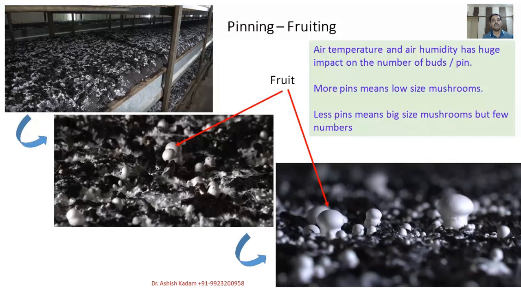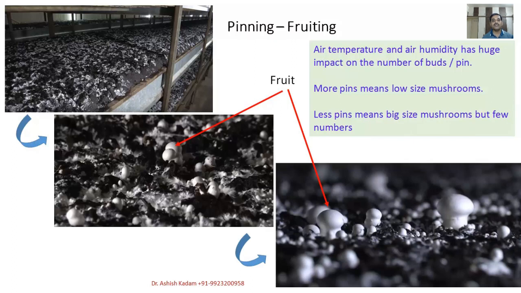If you have more pins per square meter area, you will have many small size mushrooms. People do not buy big size mushrooms. They want 30 to 40, maximum 45 millimeter size mushrooms.